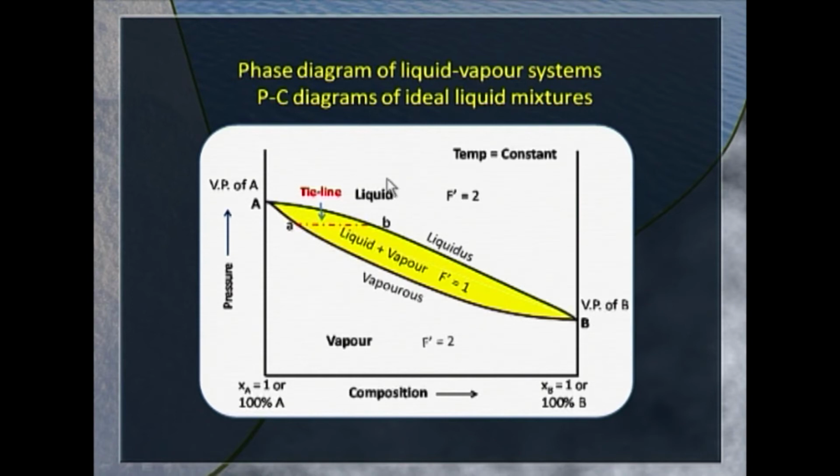We have the liquid alone here, for which the number of degrees of freedom is 2. Here at the bottom we have vapor alone, for which F prime is equal to 2, but in between where the two phases are in equilibrium, we have liquid plus vapor, for which F prime is equal to 1. There is only 1 degree of freedom.